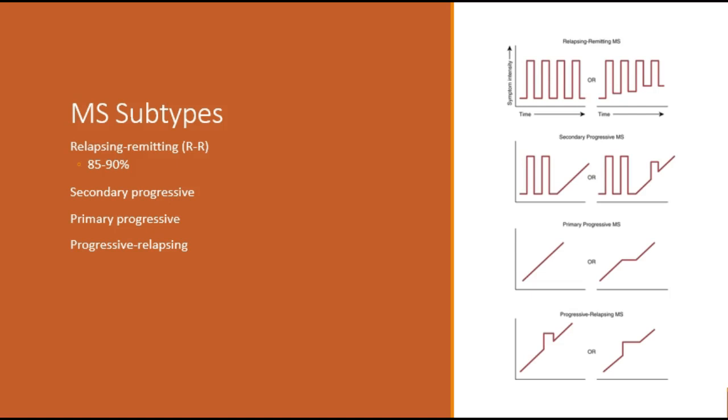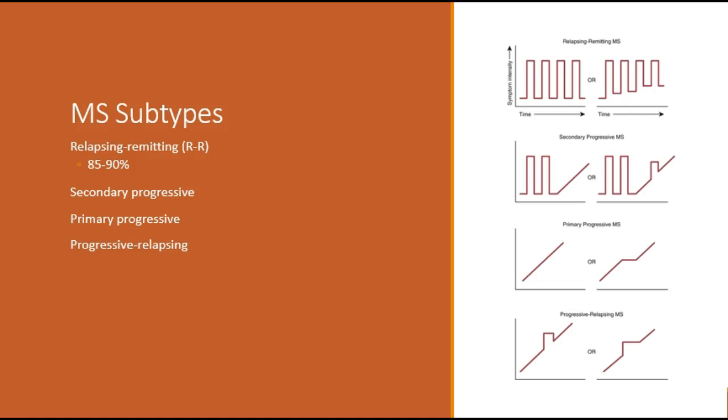So what happens is you have an exacerbation, and it goes up, and then it goes to remission, and you go back to normal. And what's happening during that time is the body is able to take care of the immune response enough to where the myelin sheaths can be recovered just a little bit, and this is early on.